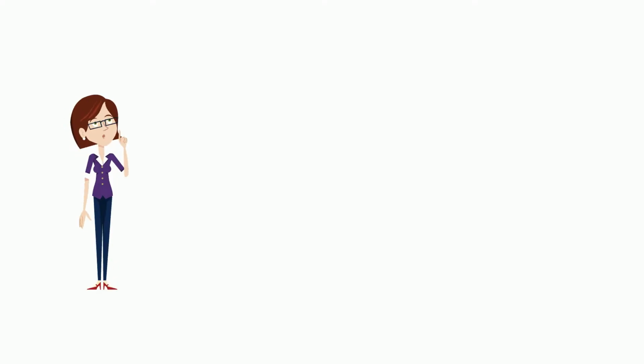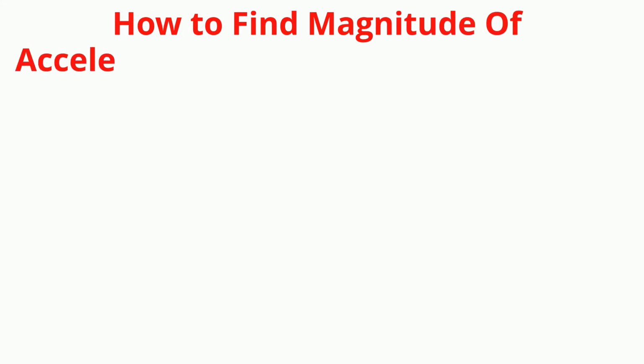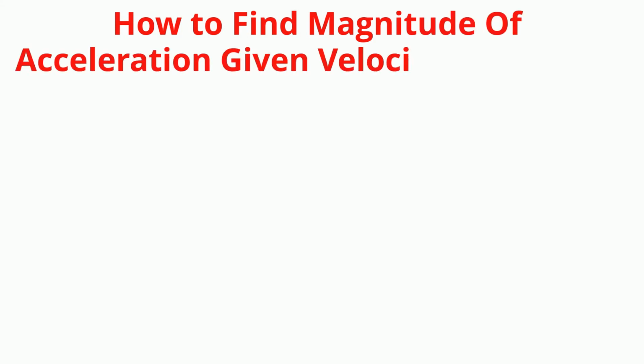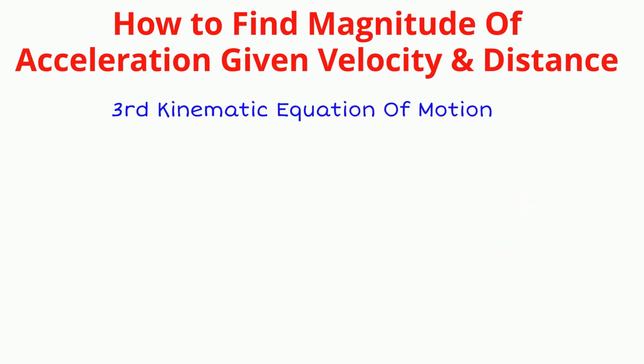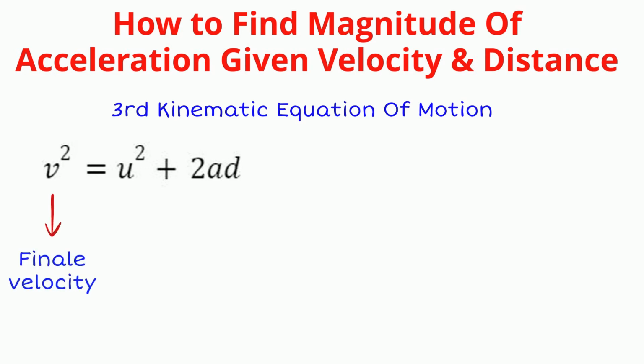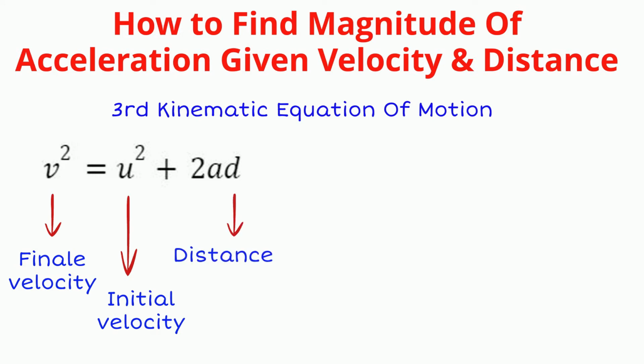Now what if you have velocity and distance and you want to find magnitude of acceleration? So let's see how to find magnitude of acceleration if you have velocity and distance. Finding magnitude of acceleration from velocity and distance is possible with the help of third kinematic equation of motion, which is given by v square is equal to u square plus 2ad, where v is the final velocity of object and u is the initial velocity of object and d is the distance covered by the object.